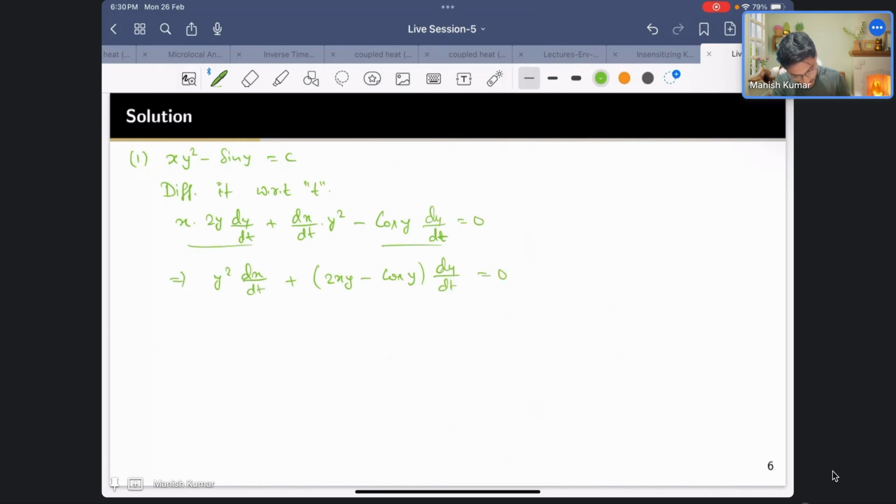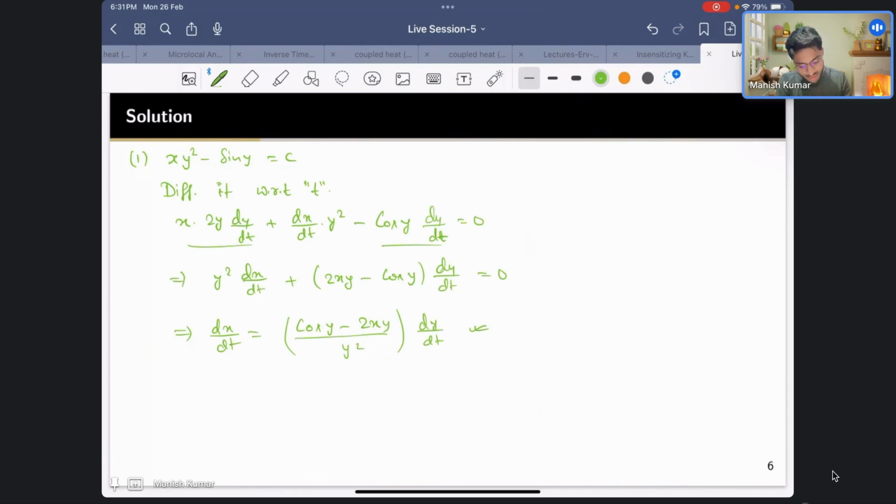or you can write it as dx/dt is equal to cos y minus 2xy upon y square dy/dt. Or you can write dx/dy, whatever you want. Let me keep it as it is. So after differentiating we got such a relation.